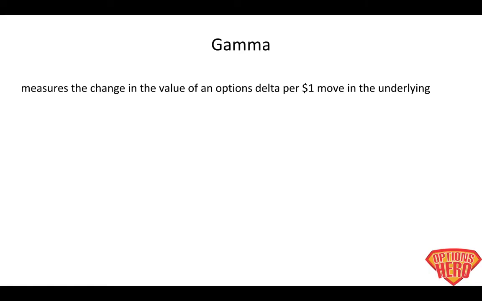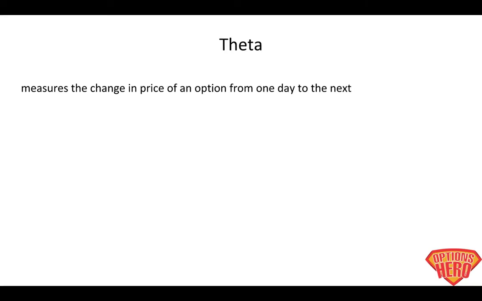Gamma, which is not very important, but good to know, measures the change in the value of an option's delta per $1 move in the underlying. If we have a 50 delta call and we have a gamma of 10 and SPY moves up $1, the delta on that option will be 60. Pretty straightforward. Theta, on the other hand, super important.